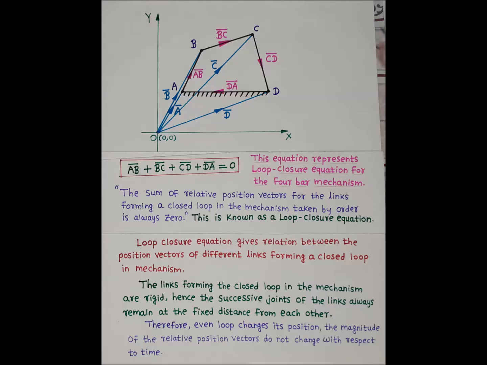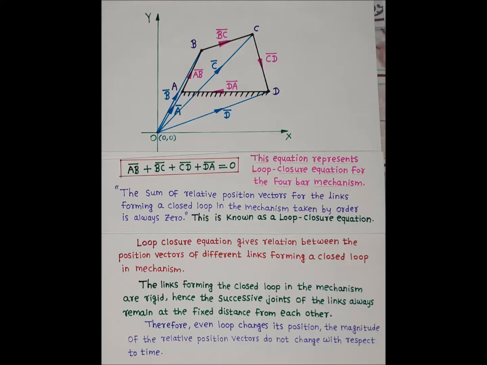But as the mechanism works, the direction of BC bar will change, because BC bar is along the coupler, and the coupler also moves. CD bar is along link CD, so that vector will have the same length, but its direction will change.